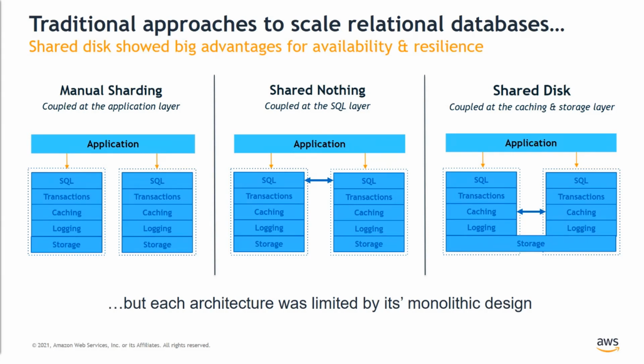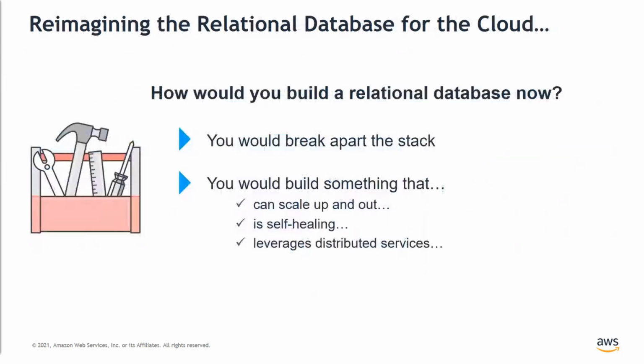But the challenge was that this was all limited by this sort of monolithic design where the SQL layer, transactions, everything all the way down to storage was implemented in the same process. So let's reimagine what a relational database would look like if it were built and designed for the cloud. Well, you'd probably break it apart.